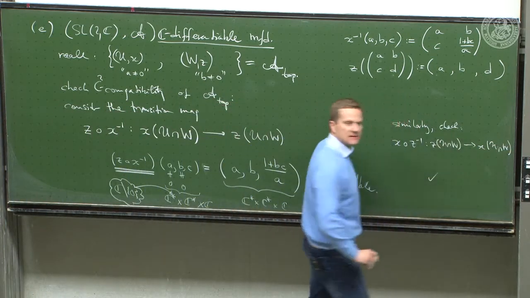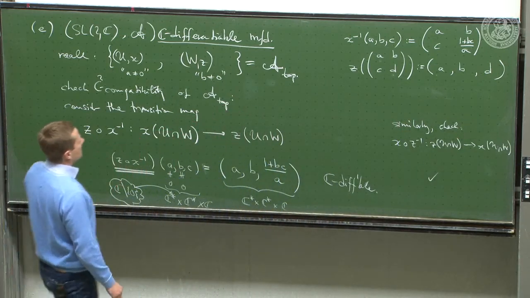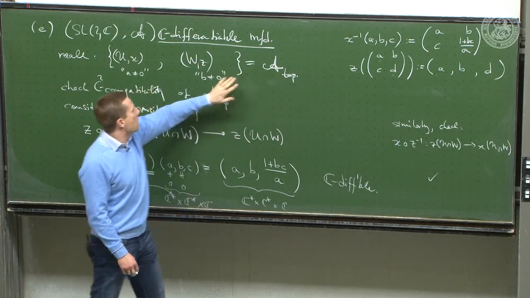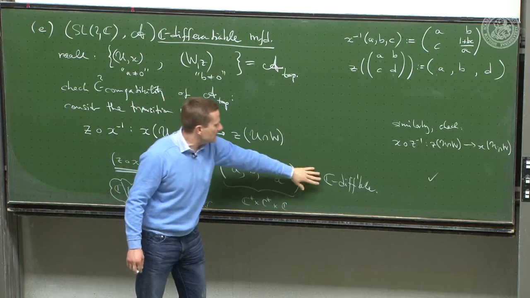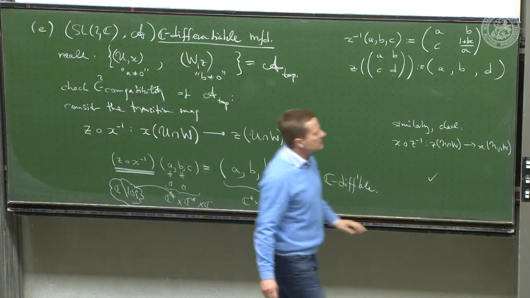You'll find that is the case. So what do we have? That means that this topological atlas that we constructed happens to be more than a topological atlas, it's even a differentiable atlas.